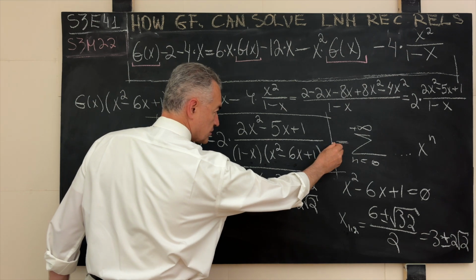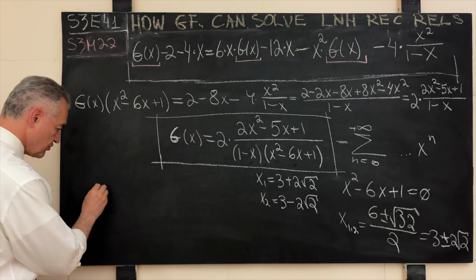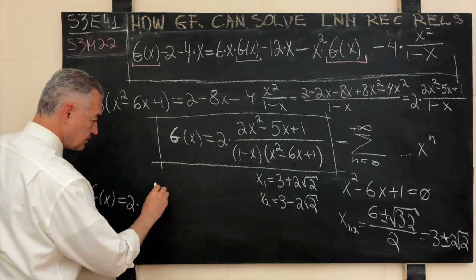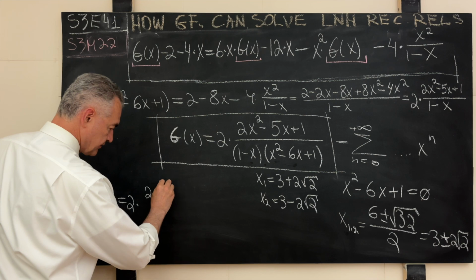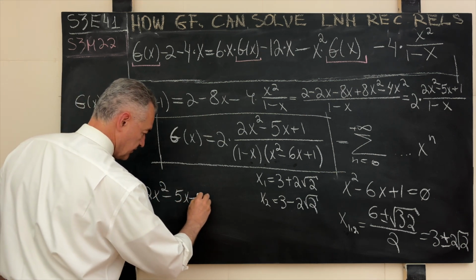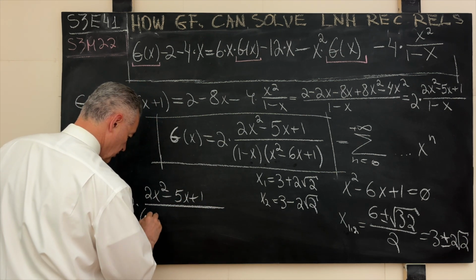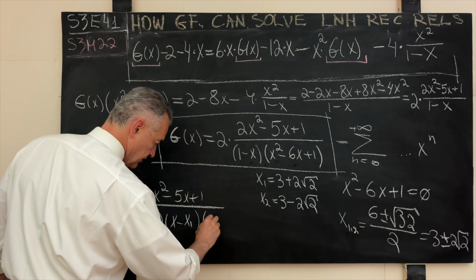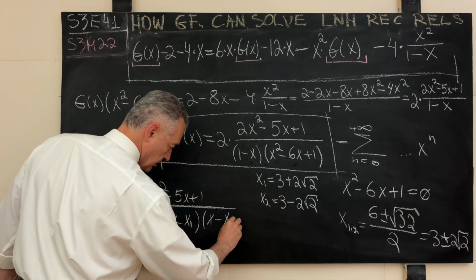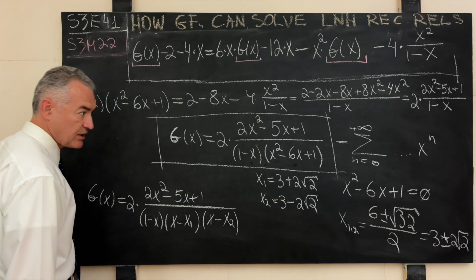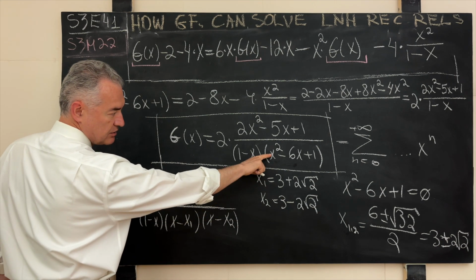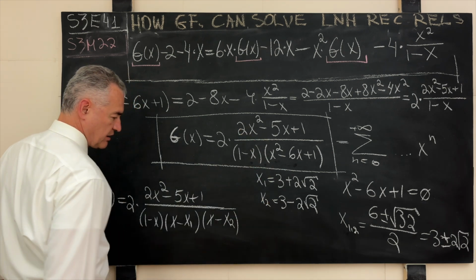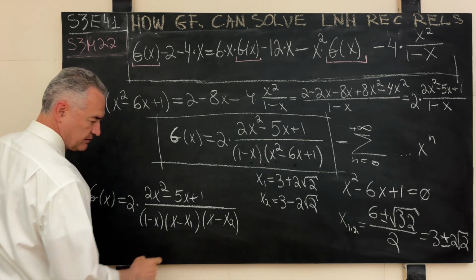That means that our generating function g of x can now be represented which way? 2 times (2x squared minus 5x plus 1) divided by (1 minus x) times (x minus x1) times (x minus x2), because once we have these roots, the most senior coefficient here will be 1, and once we carry out this multiplication over here, we see that that is the case.